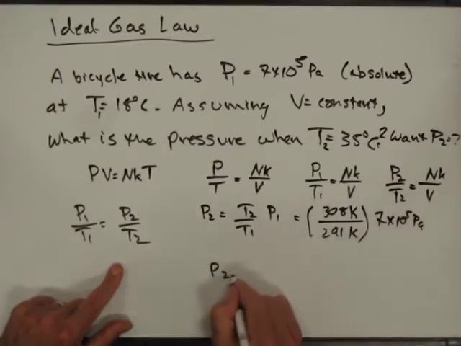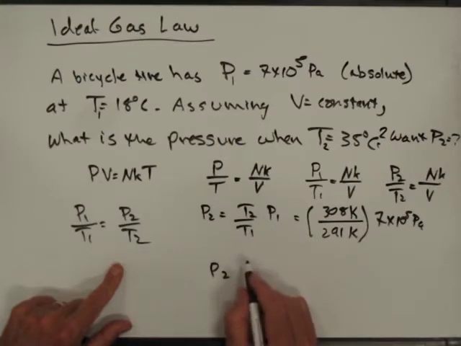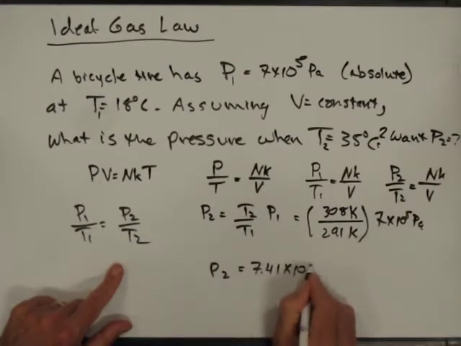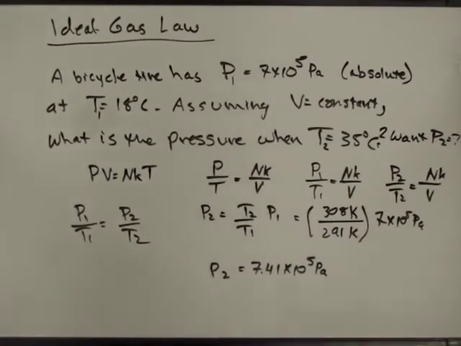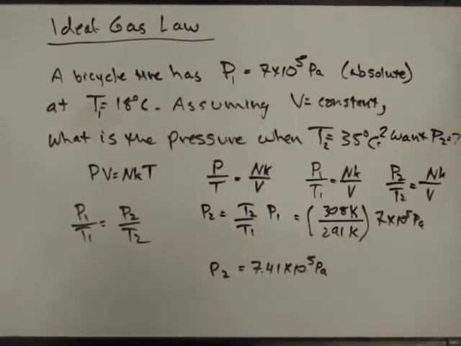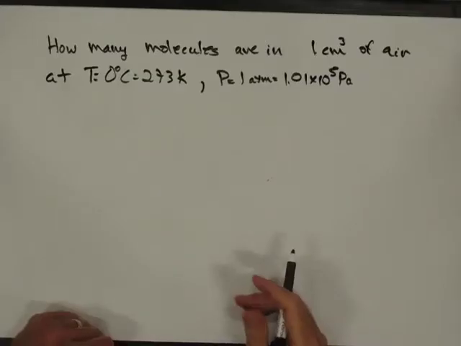And so P2 is about 7.4 times 10 to the 5th pascals.